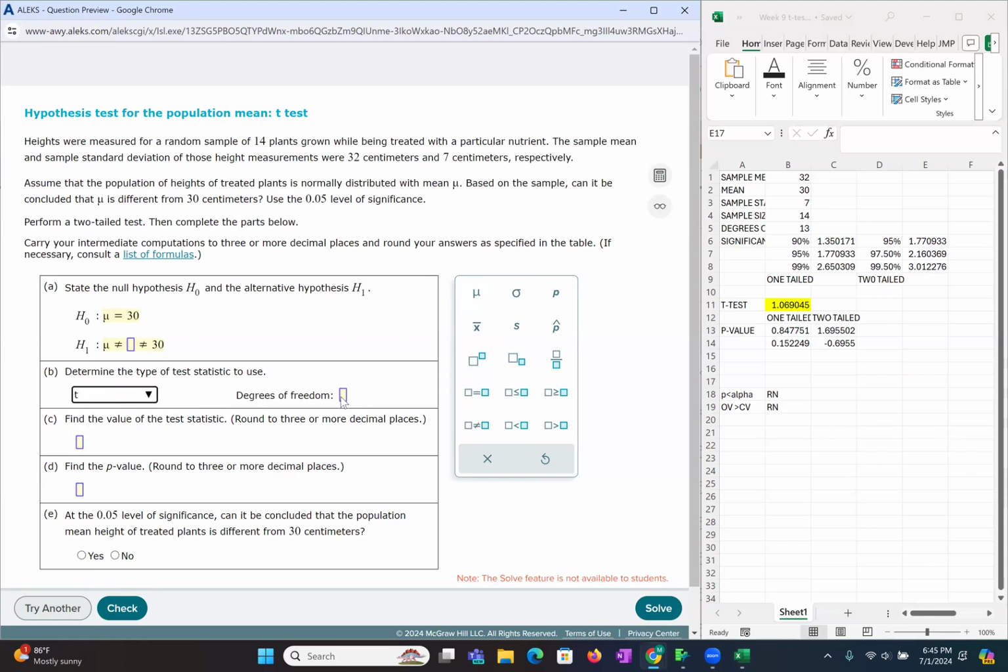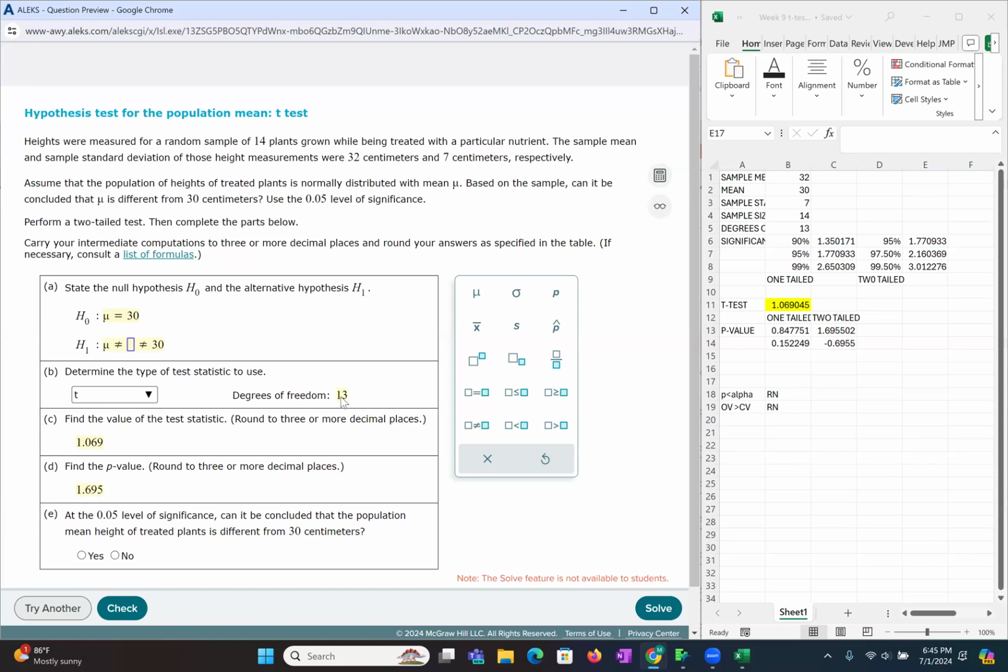How many degrees of freedom? 13. The value of the test statistic? 1.069. And what's the p-value? 1.695. Okay, let's go with that.